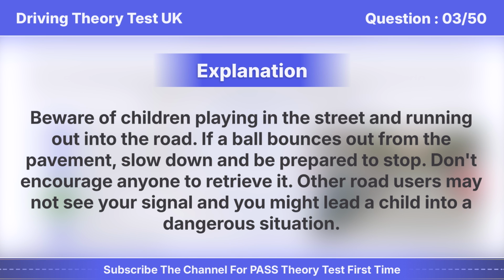Beware of children playing in the street and running out into the road. If a ball bounces out from the pavement, slow down and be prepared to stop. Don't encourage anyone to retrieve it. Other road users may not see your signal, and you might lead a child into a dangerous situation.